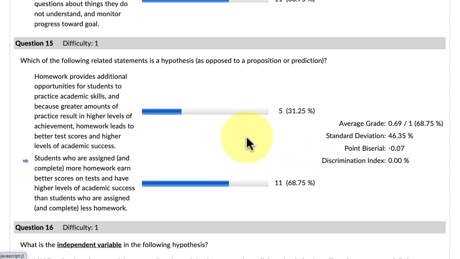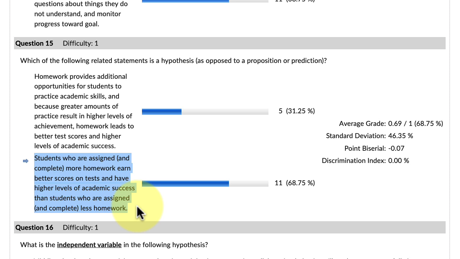I would probably say that my guess is what threw the test takers. What threw you on this would possibly have been the word prediction, because this statement sounds like a prediction. It sounds like, here's my variable, and this is what I predict is going to happen.